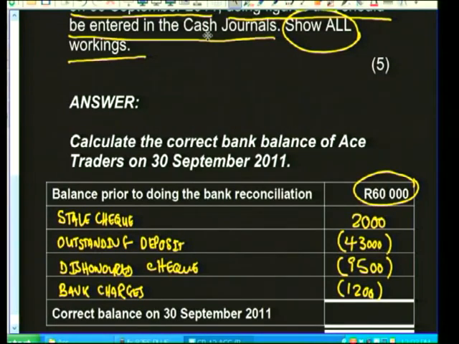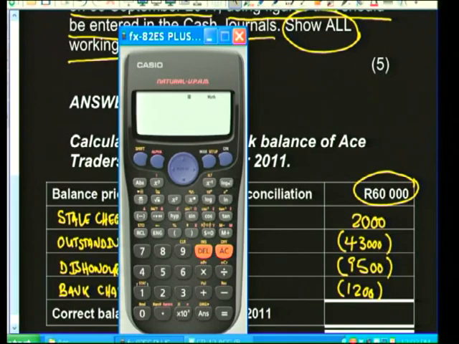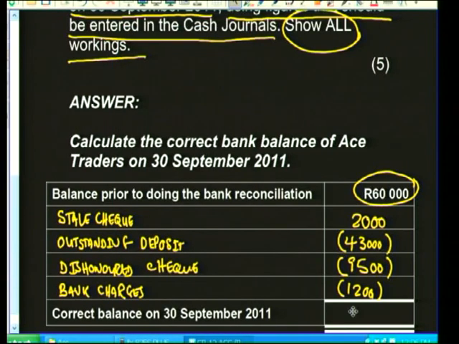Okay, guys, now we're going to take out our calculators and do the calculation. Remember, we started off with the 60,000, so there's my 60,000. What did I do? I added the 2,000 rand, minus 43,000, minus 9,500, minus 1,200, and my answer is 8,300.